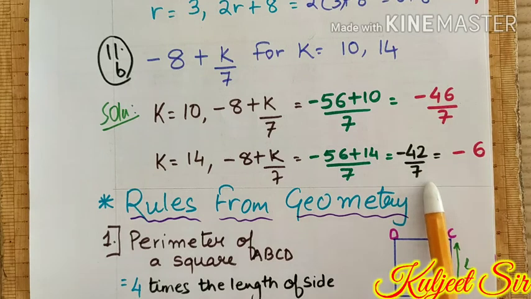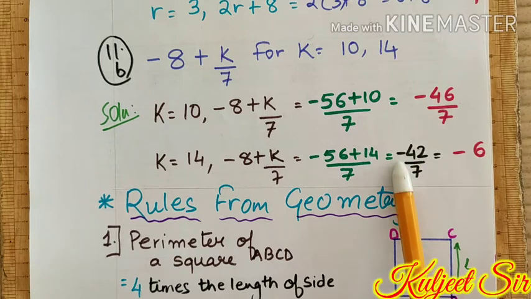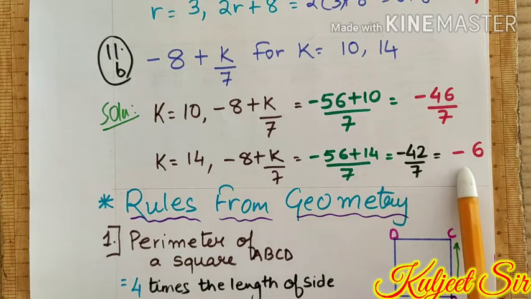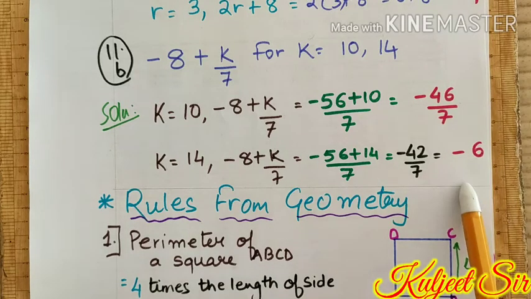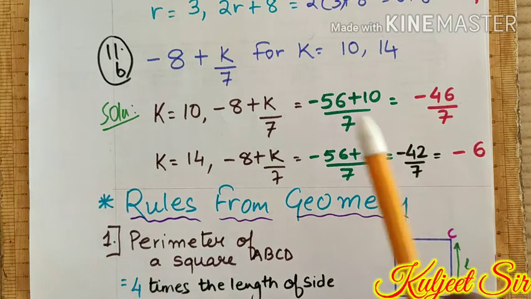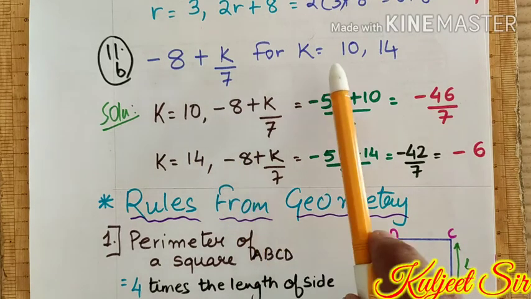And then you can see 7 6s are 42. But because there is a minus sign over here, I will be taking my answer as minus 6. So this is how we get the answers, minus 46 upon 7 and minus 6, when k is substituted in this sum as 10 and 14.